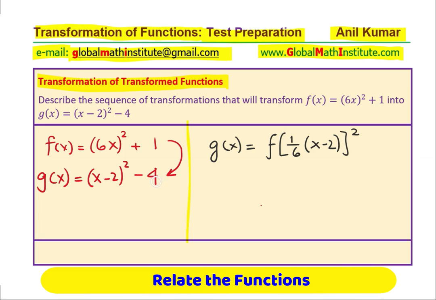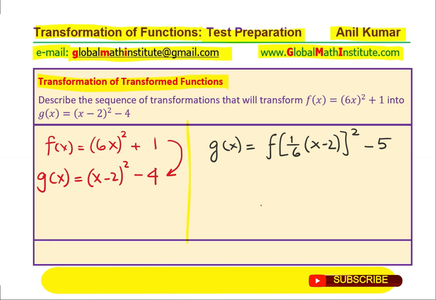As far as the y value is concerned, from 1 we have gone down to minus 4. That means the difference is 5 units. Do you think this is correct? That is a big question to be answered. So if that is correct, in that case we have a horizontal stretch by a factor of 6, translation of 2 units to the right and 5 down, right?